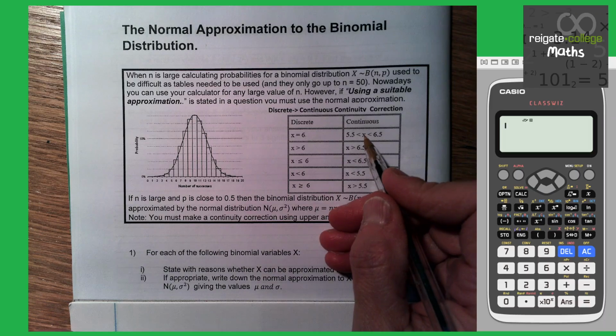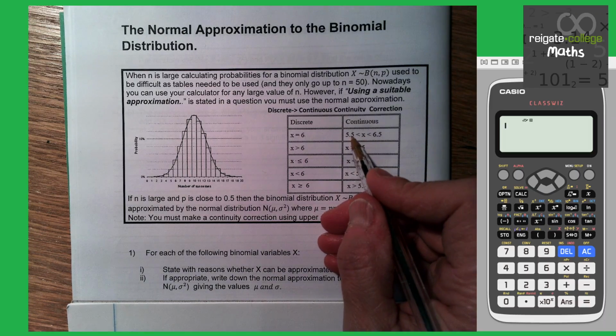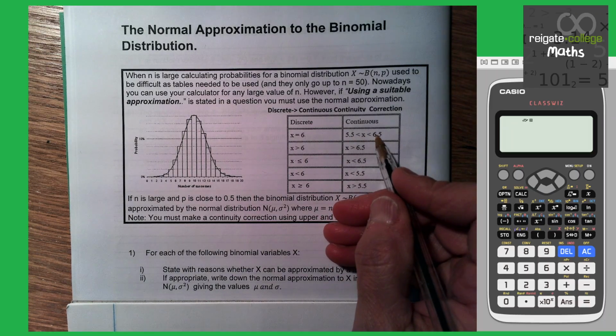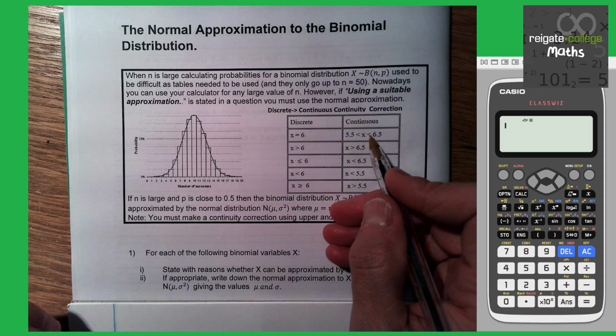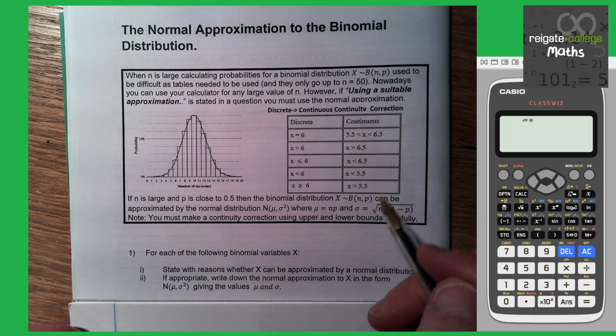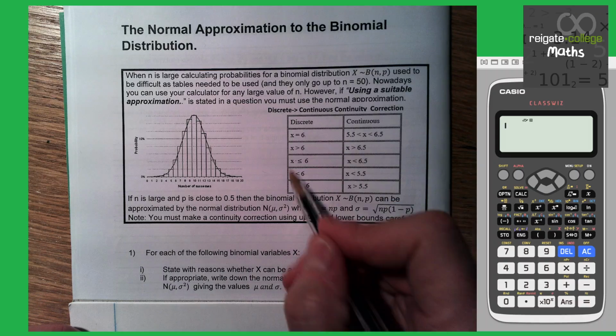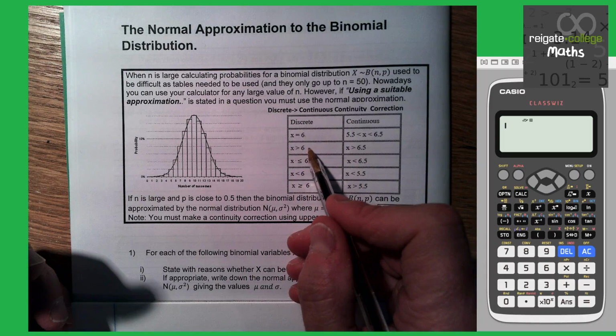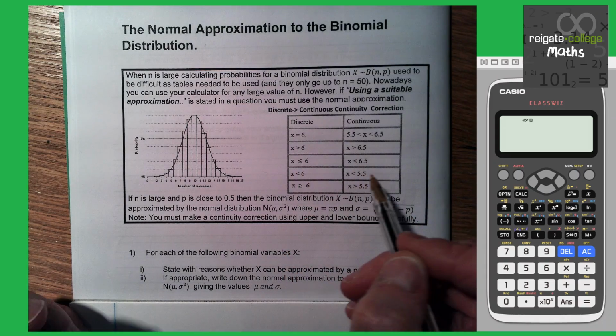So that's anything greater than 5.5 and less than 6.5. So between those two values. That will be our continuous probability, our normal probability. And then there are corresponding ones for whether we're going greater than or equal to, or less than or equal to.